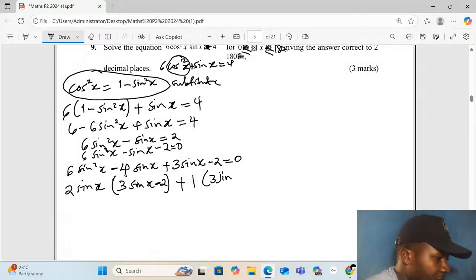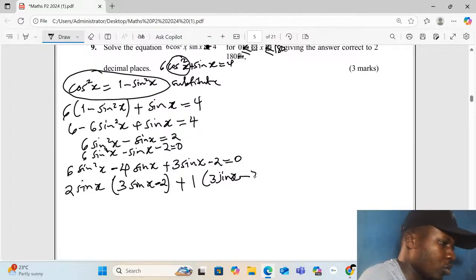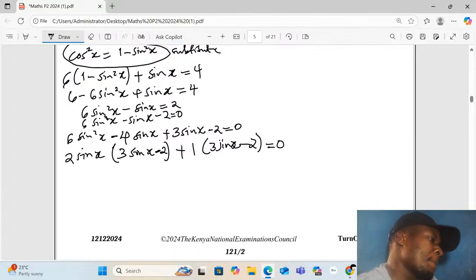6 sin squared x minus 4 sin x. Common is 2 sin x, so we factor out 2 sin x. Then we're having 3 sin x minus 2. Then here the common factor is 1. So we are remaining with 3 sin x minus 2, which is equal to 0. Now you can see you have 3 sin x minus 2, then 3 sin x minus 2, then we have 2 sin x.